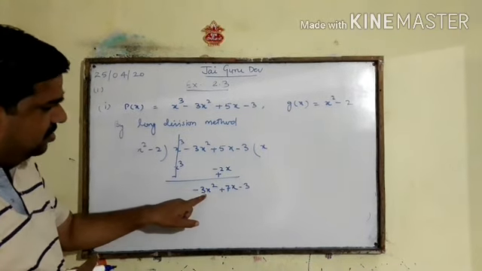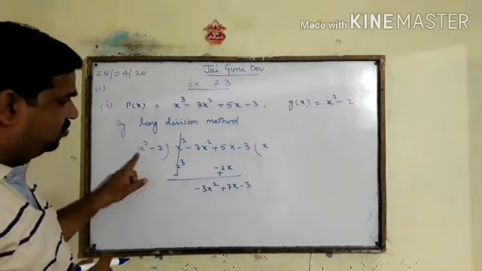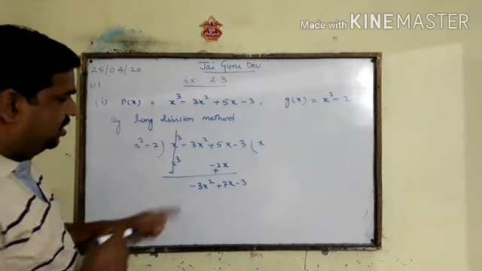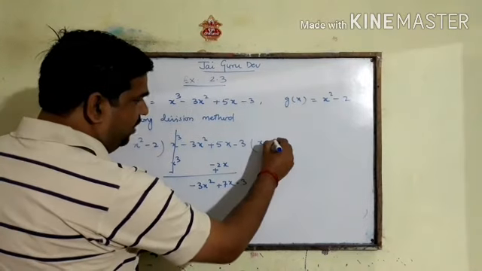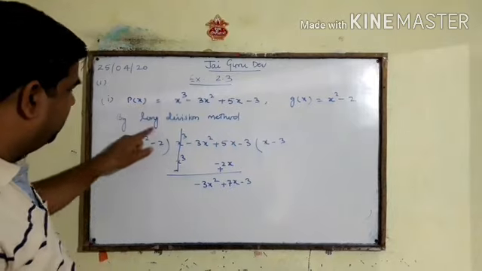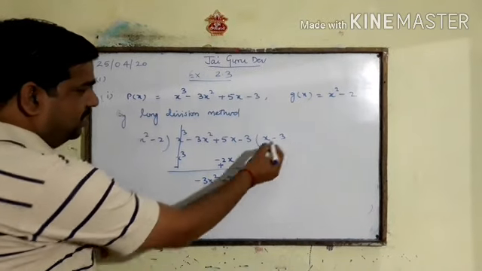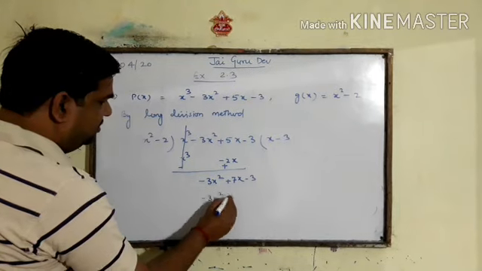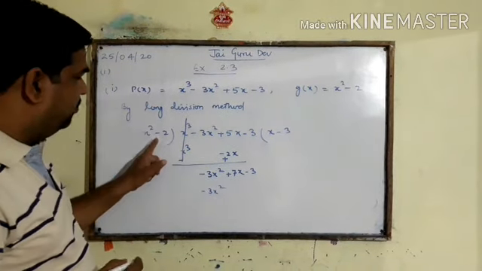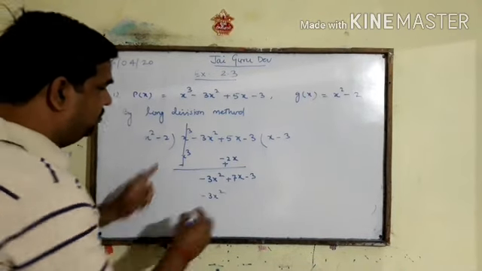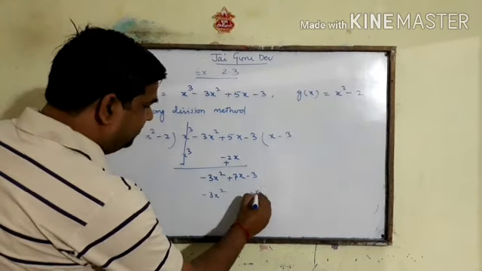Here we divide −3x² by x², and the quotient will be −3. This −3 is multiplied to all the terms of the divisor: −3 times x² is −3x², and −3 times −2 is plus 6.